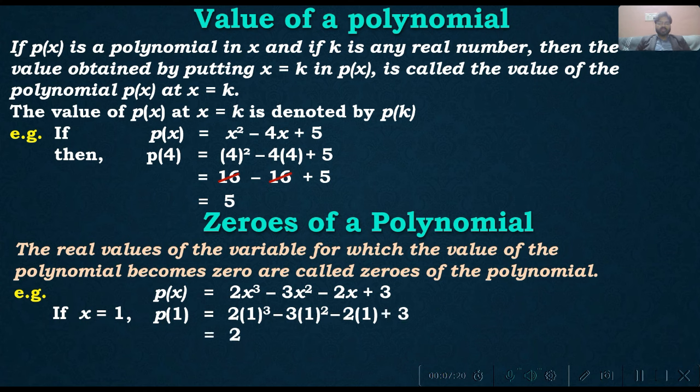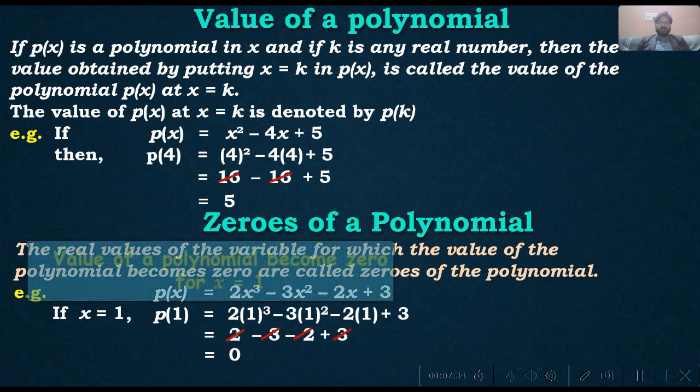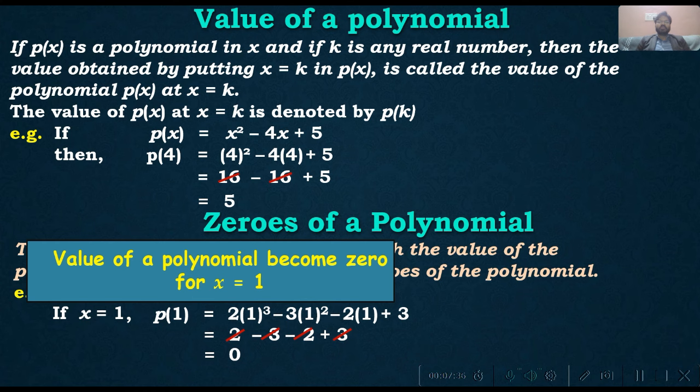So 2 minus 3 minus 2 plus 3. So 2 2 cancel. 3 3 cancel. So 0. Now value of a polynomial becomes 0 for x is equals to 1.